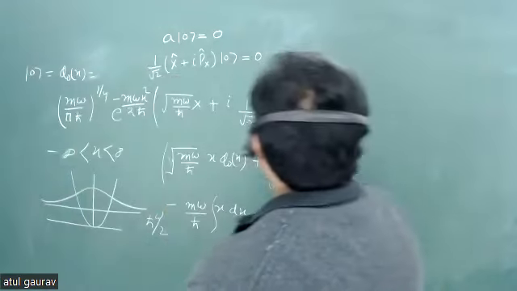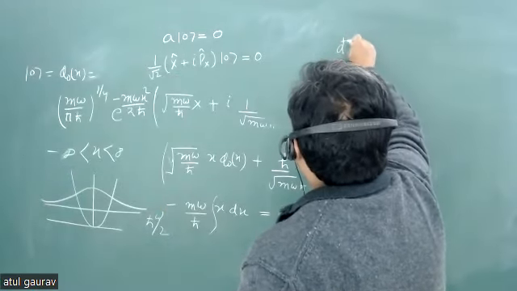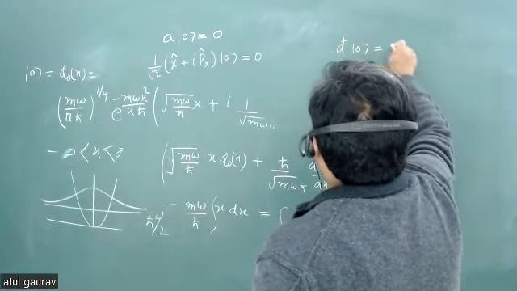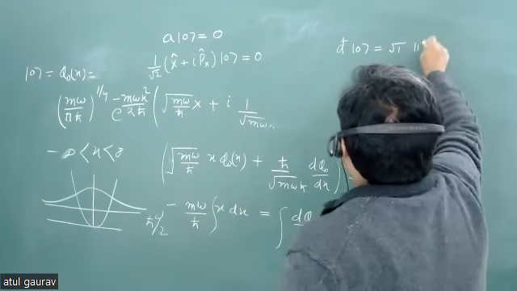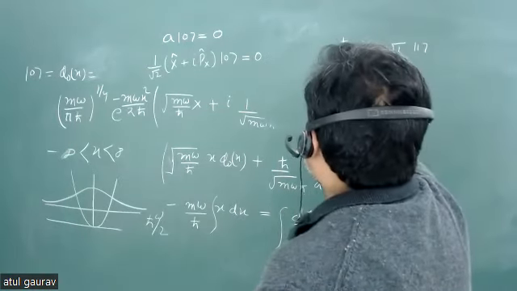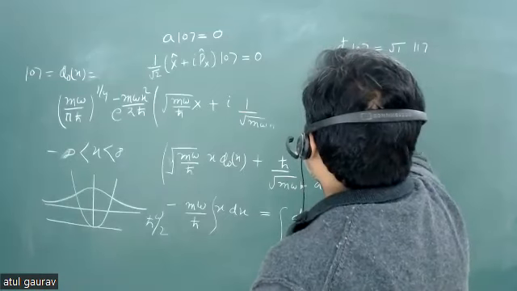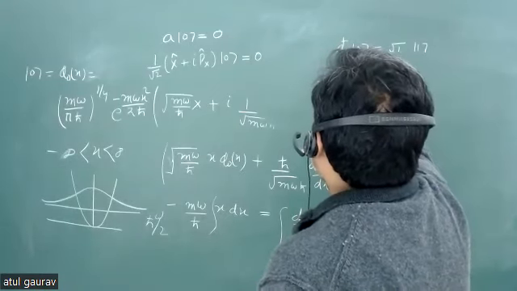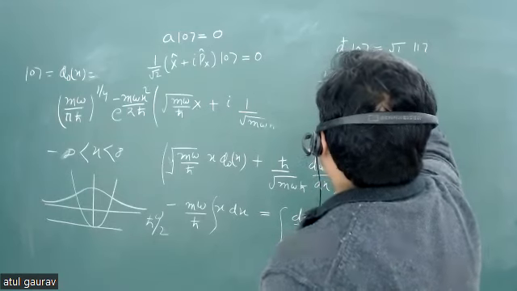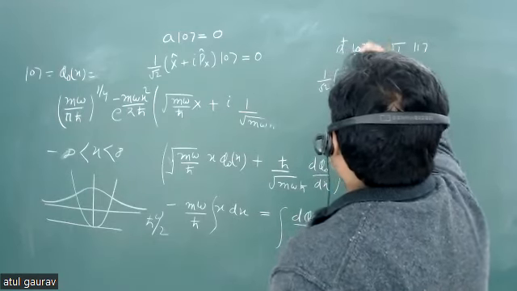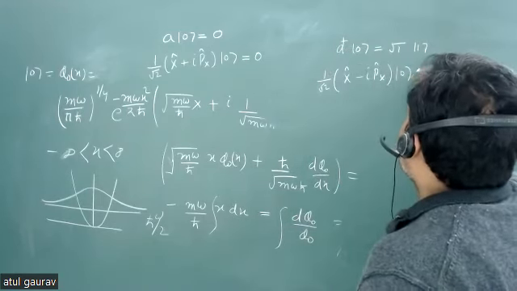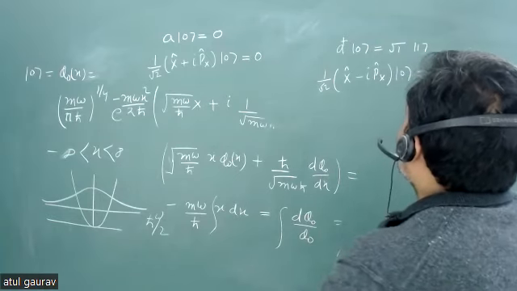So what you will do, you will apply a dagger on 0 ket, which is equal to root 1 times 1 ket. And what will you write for a dagger? 1 by root 2, this is x cap minus i px cap, and this is your 0 ket is equal to root 1 times 1 ket.